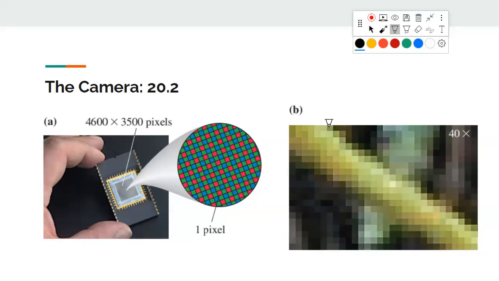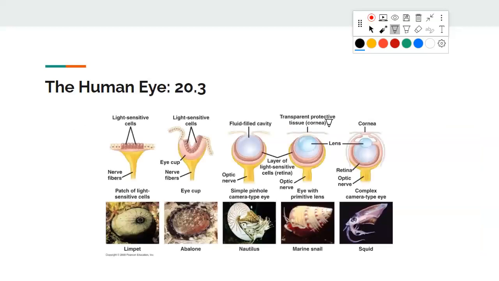Some of them you only put green, some only red. The reason we pick these three is that those correspond to how humans can detect color. And by making those very, very tiny, we can have a reasonable enough resolution to make digital photography a viable alternative to film-based photography. And then in the last 5 minutes, we can talk about the eye.